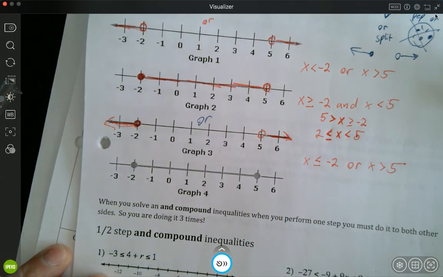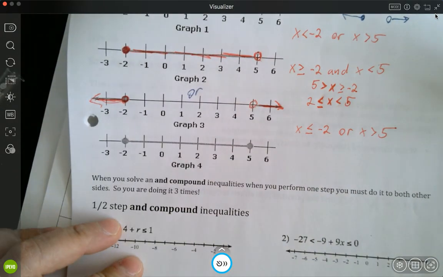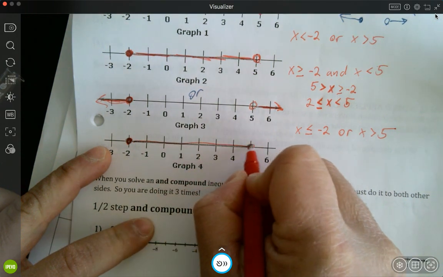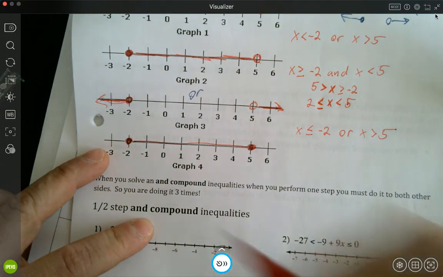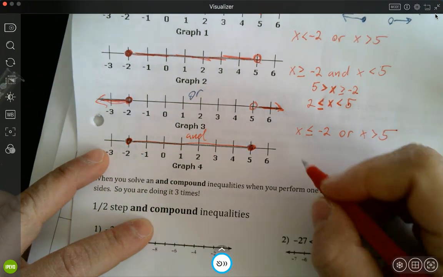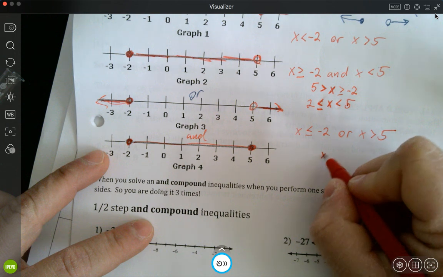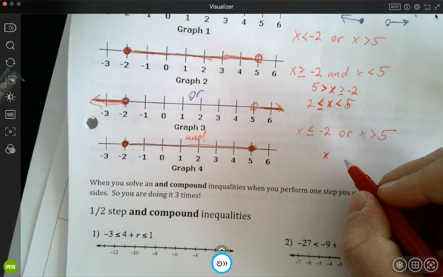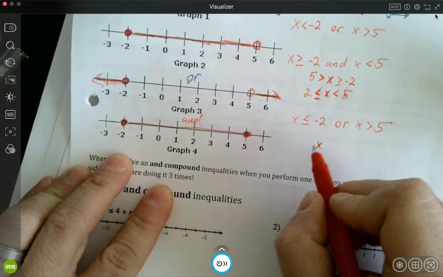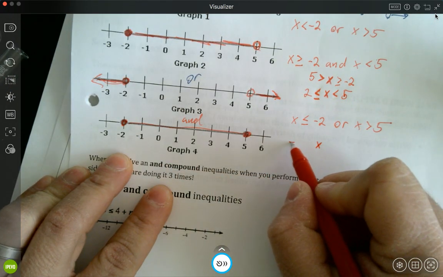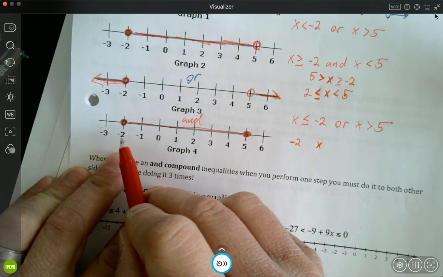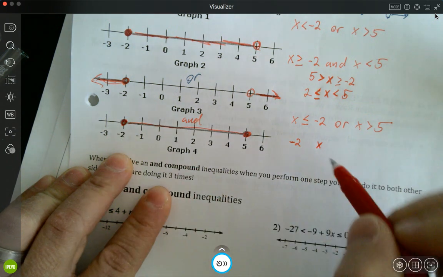And then the last one, we have another and. Oops, gave it away. I knew that because it was a barbell like this, goes across here. So I'm going to put an and here. Let's see if we can write it the fancy way. If I start with the -2, I would put the -2 here. Would I write greater than or equal to, or just greater than? Yeah, greater than or equal to.